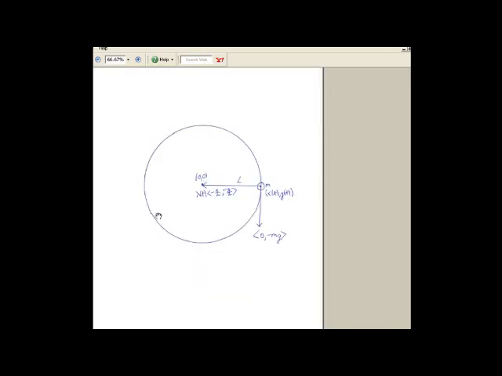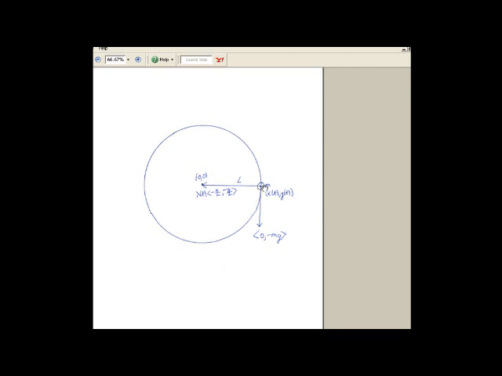Okay, the other problem discussed in chapter 1 is the pendulum problem. And here we have a mass m that's connected to the origin by a rigid rod. This is not a string, it's a rigid rod, so you can't compress it or pull it out.